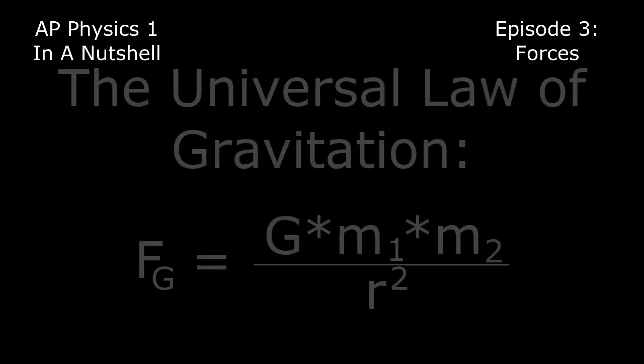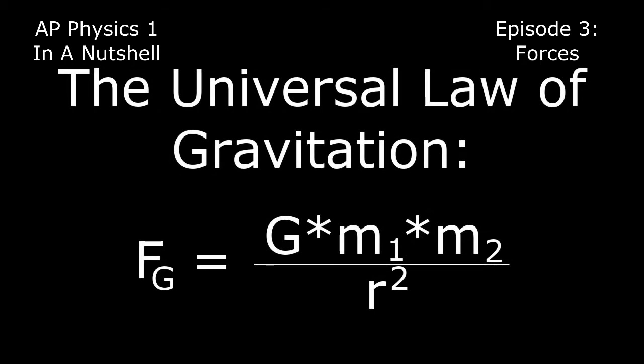The Universal Law of Gravitation comes with an equation to solve for the gravitational force between any 2 objects. That equation is that the gravitational force is equal to the gravitational constant times the mass of the first object times the mass of the second object, all divided by the distance between the centers of the 2 objects squared.